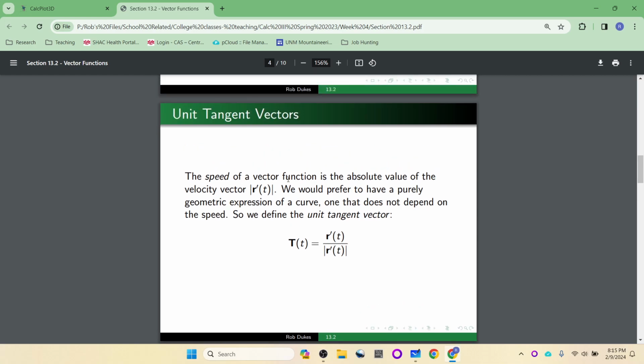Here's speed, we said, the absolute value of the velocity vector, absolute value of r prime. So we define the unit tangent vector, capital T, is r prime of t over absolute value of r prime of t. Most likely the quiz on Monday will say find the unit tangent of some function.